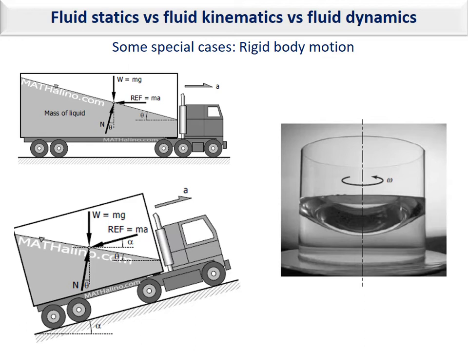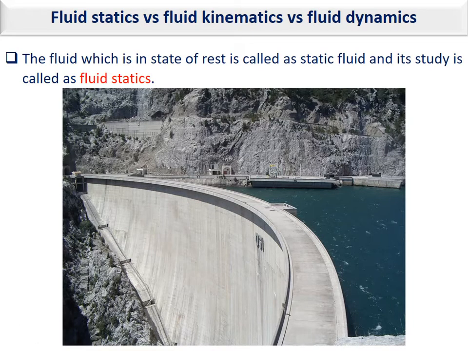By the way, if you rotate a cylinder like shown here about its own axis, the form of the surface will be like a parabola, and again the fluid in the cylinder behaves like a solid, and you can use the equations used for fluid statics for these two cases shown in this slide. These are named rigid body motion. So rigid body motion is also a special case of fluid statics.